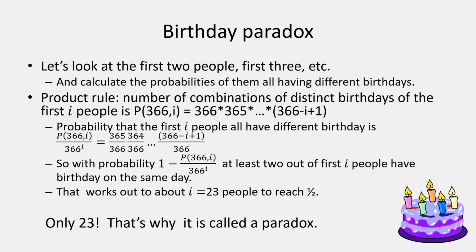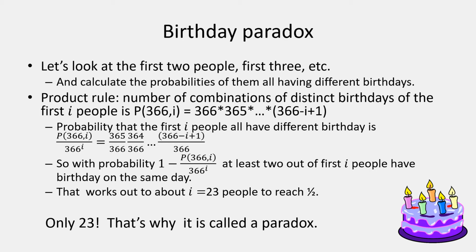And the plus 1 there is because we are starting with person number 1, but person number 1 has 366 minus 0 possibilities. And remember, the probability of two events both happening, by the product rule, is the product of their probabilities.